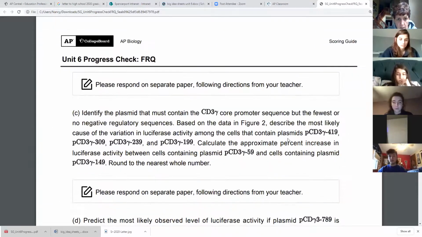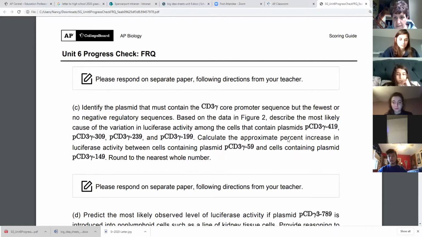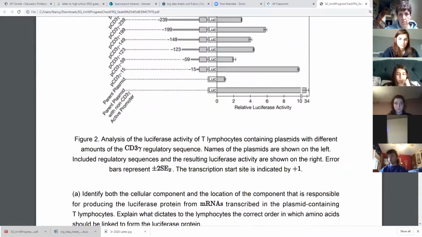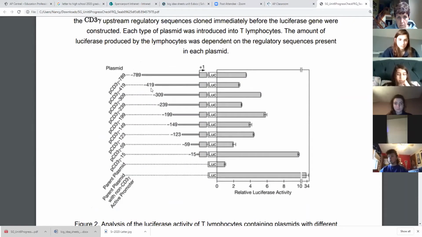Then the next part of the question says, based on the data in figure 2, describe the most likely cause of variation in luciferase activity amongst the cells in 419, 309, 239, 199. Okay. What is different about them that makes their results different?